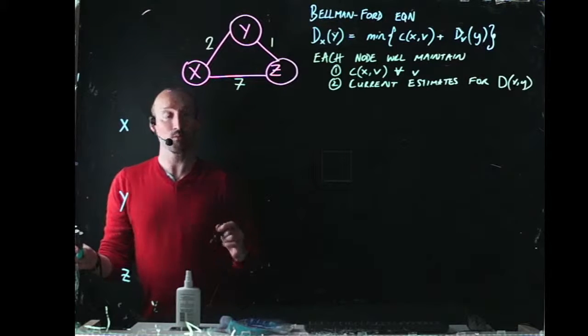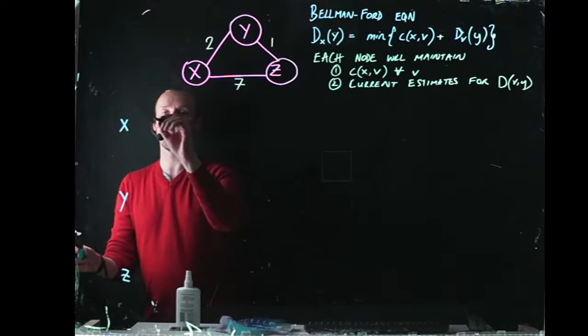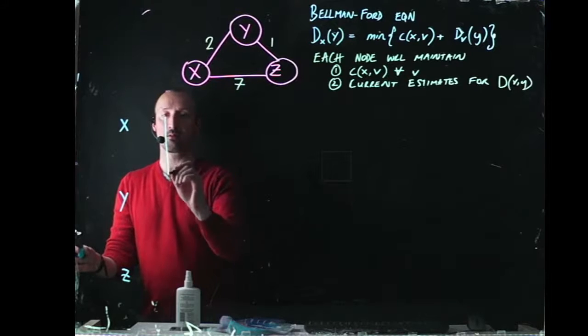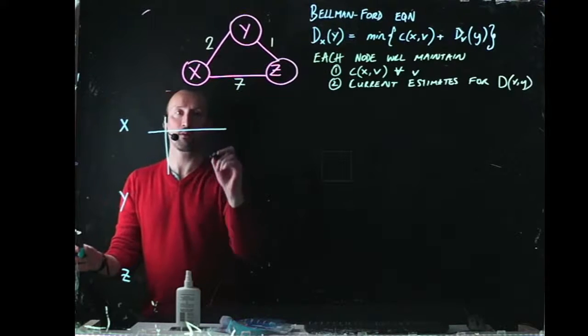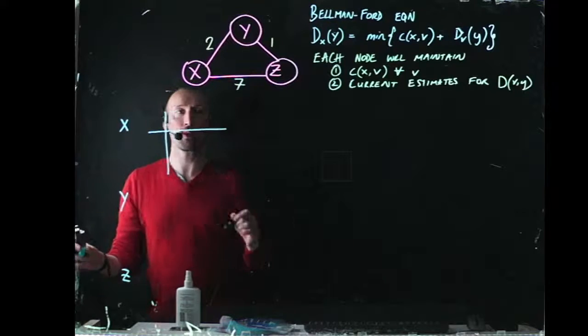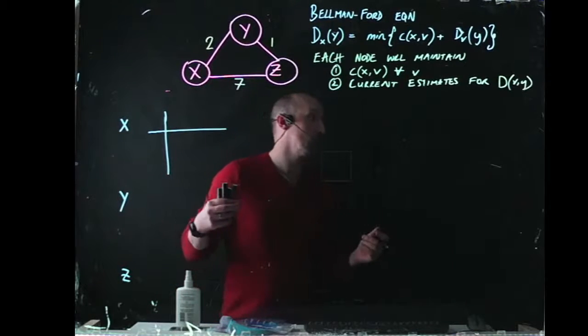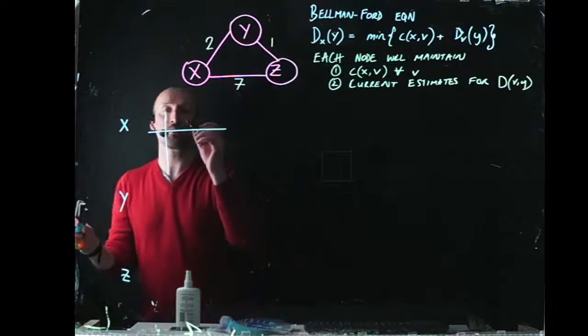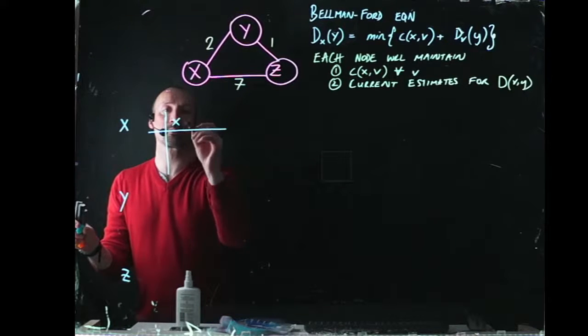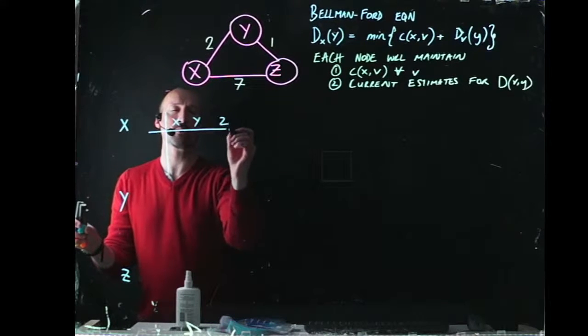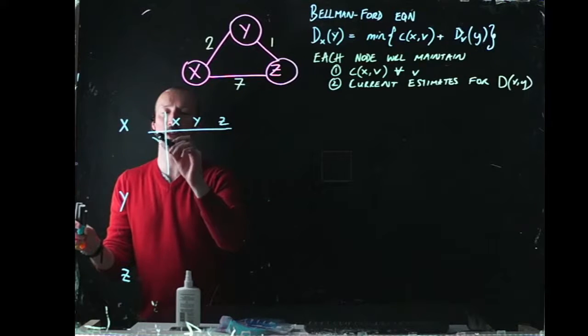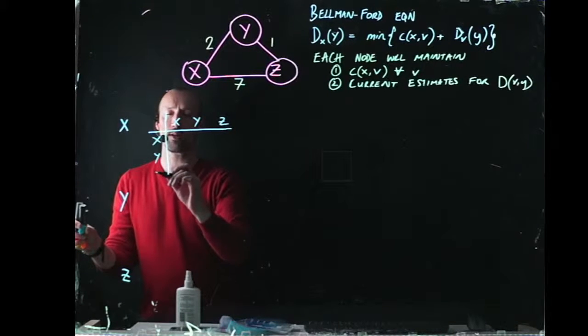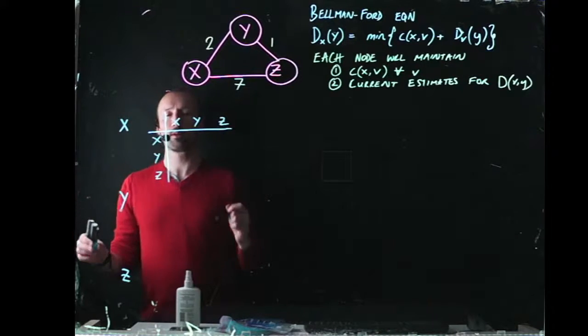So the table will just look simply like this. I hope I'm not going too small here. If I am, just let me know and I'll make it bigger. And it's x, y, z on the table. That's all the nodes in the network. X, Y, Z.